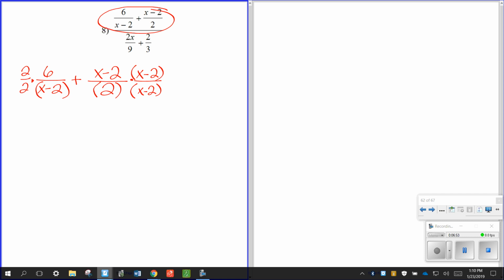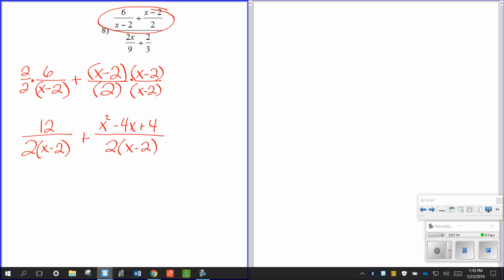And the result is 2 times 6 is 12, over 2 times x minus 2, plus x minus 2 squared, so x squared minus 4x plus 4 over 2 times x minus 2.